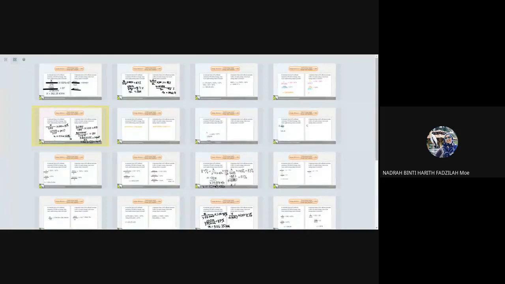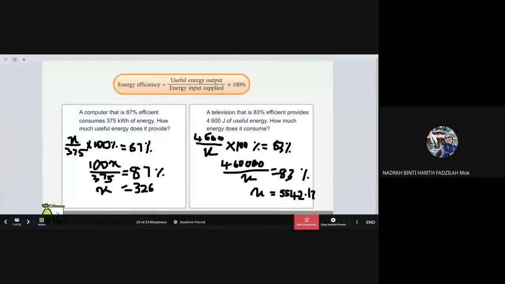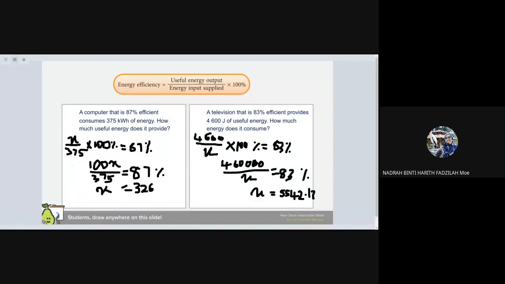So for the final one, okay. So for the TV set question, let's take a look here, a submission from Navdeep. Thank you so much for sharing your calculation. So I agree with you. The answer is 5542. Tapi yang nombor belakang tu, sekejap ya. Let me check first.